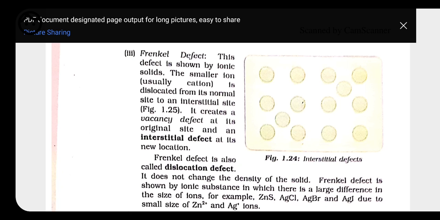We know that the constituent particles present in a solid may be atoms, molecules or ions, but because it is non-ionic, the constituent particle should be either atoms or molecules. So if four atoms are arranged in a row, here we have 2 atoms which are not present in a place; they are present in the space between the arrangement of atoms. This space is called interstitial space.